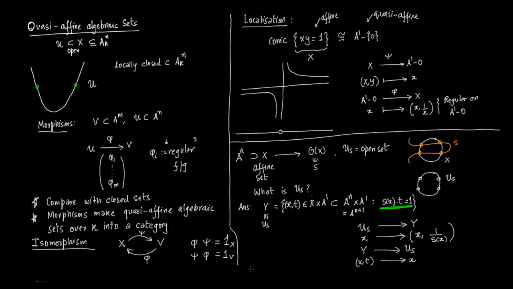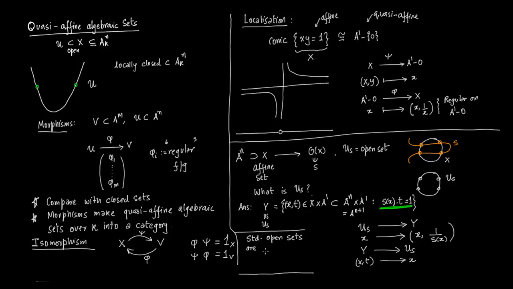So now you see that we have taken this set U_S and we have made it equivalent to another set called Y, which is defined by a polynomial equation in a bigger ring. The polynomial equation S(x) times t equals 1 is in the bigger ring A^(n+1). So this is an important result we get.